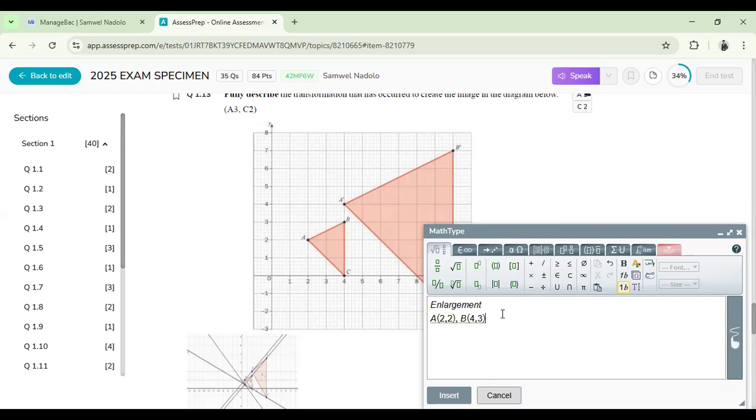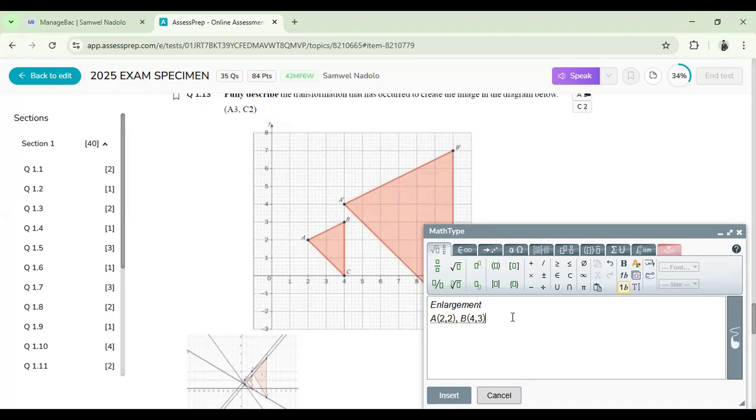So I can really get how far, or what is the distance, between point A and point B. Point A is (2, 2) and B is (4, 3).